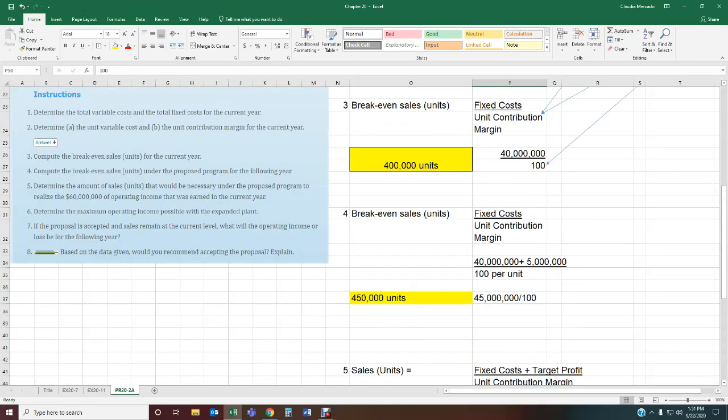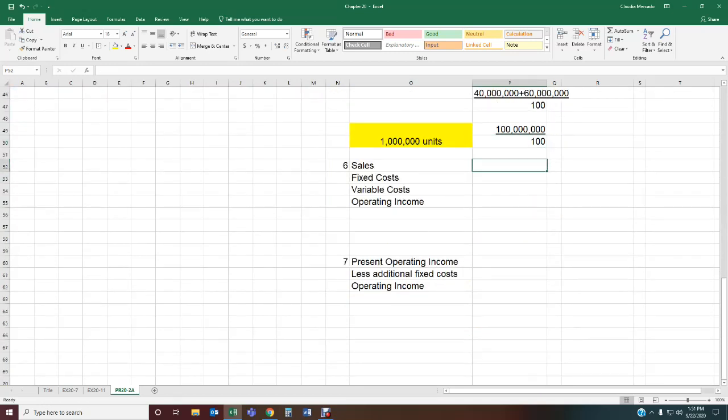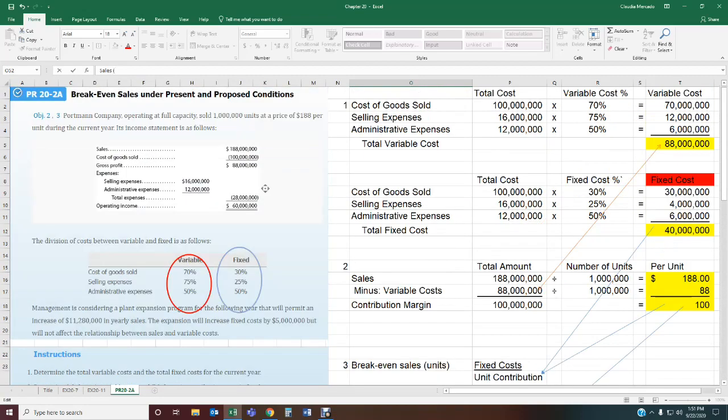Determine the maximum operating income possible with the expanded plant. So according to the problem, we had in sales 188 million.